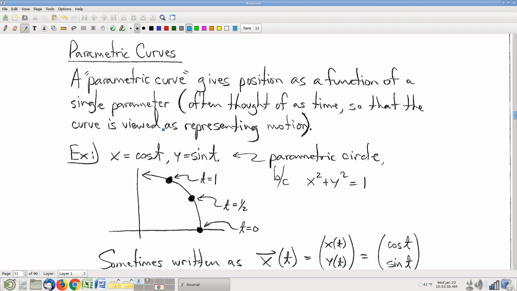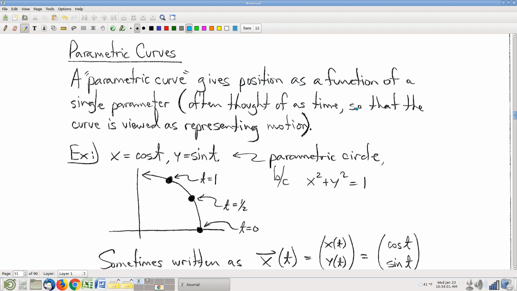Don't forget what a parameterization was in the context of a line. It says I just want to know position on the line as a function of some parameter, t, which very often we think of as time. So a parameterization of a curve is the same deal, position as a function of time, except now you don't have to go in a straight line.